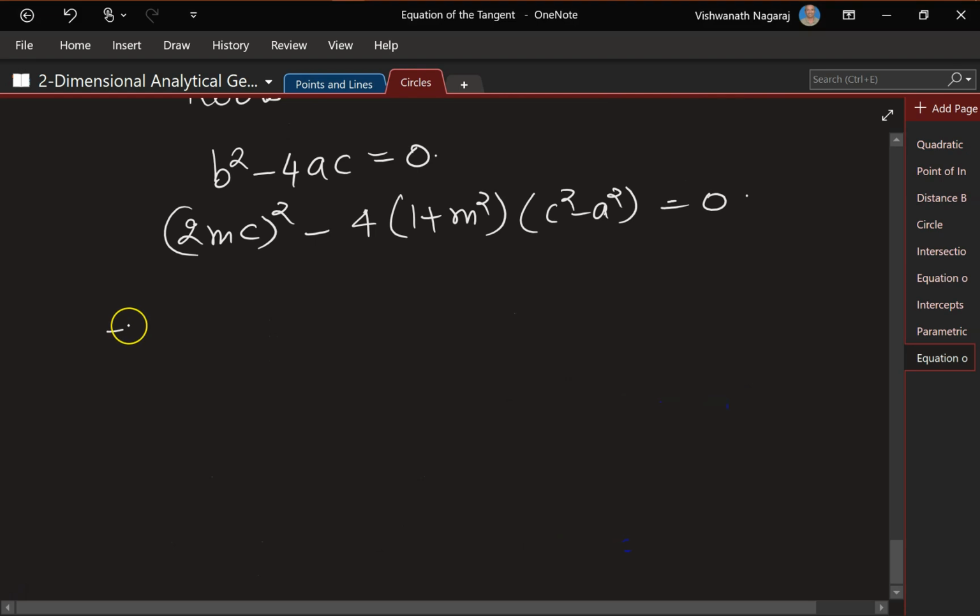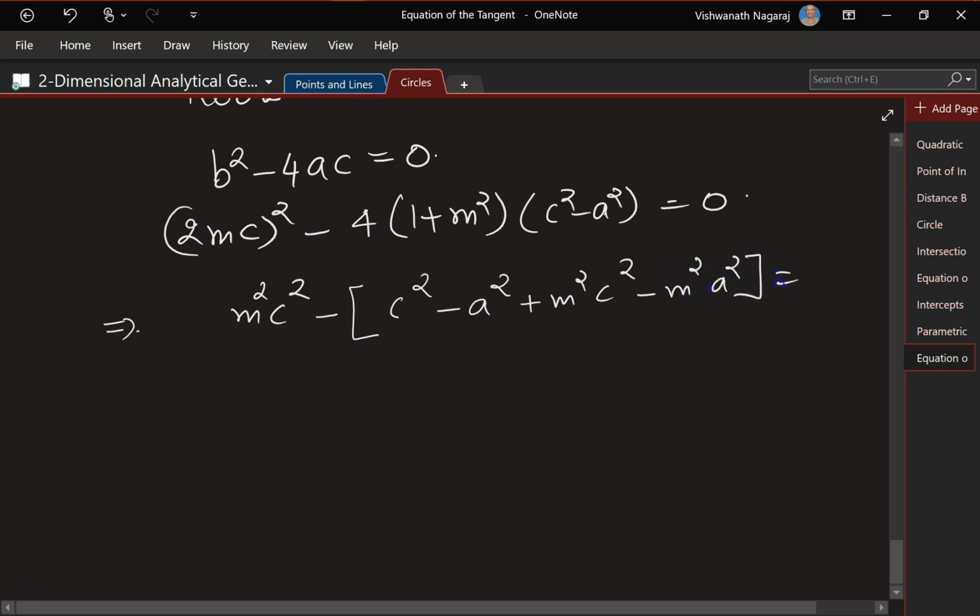Let's simplify this. 4m square c square minus, now 4 is common, so if we take it out and take it to the other side, it will become 0. Okay, now let's expand this. c square minus a square plus m square c square minus m square a square equal to 0.